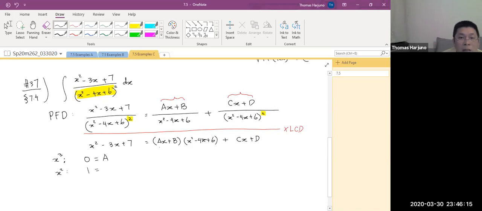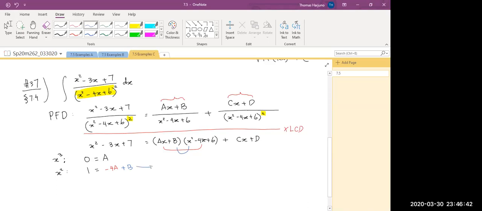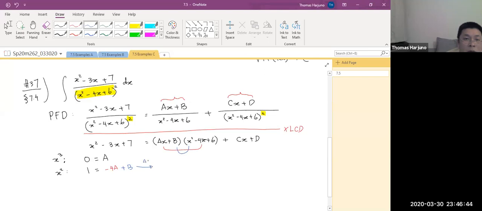On the right-hand side, to get x squared, we have negative 4a and then b. That's the only way we can get x squared. But we know a equals 0. So because a equals 0, then b equals 1.